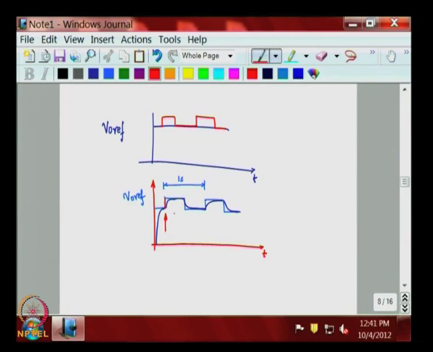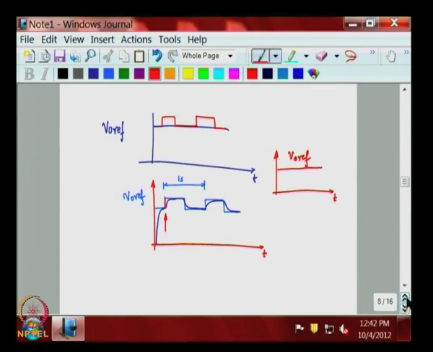So, this way you could tune it, and then after the tuning is over, the pulse portion which you use for superposing can be removed, and then you can give the proper V naught ref, something like this DC later on. Okay. So, this is the process of tuning the controller directly onto the system.